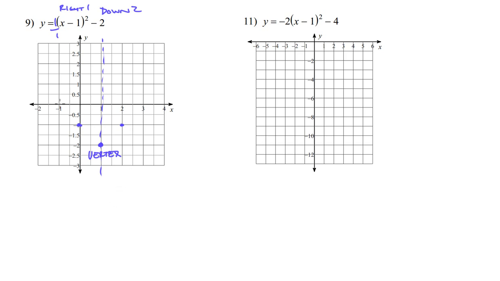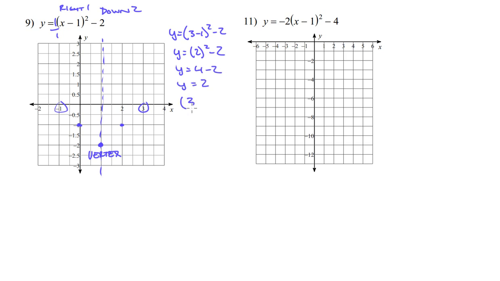And then we either want to plug in -1 or positive 3. I like dealing with positive numbers, so I'm going to do that one. y equals (3 minus 1) squared minus 2. So we get 3 minus 1, which gives us 2, squared, minus 2. 2 squared is 4. Minus 2 gives us 2.